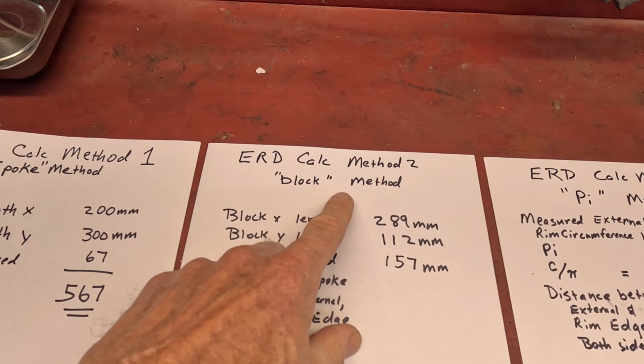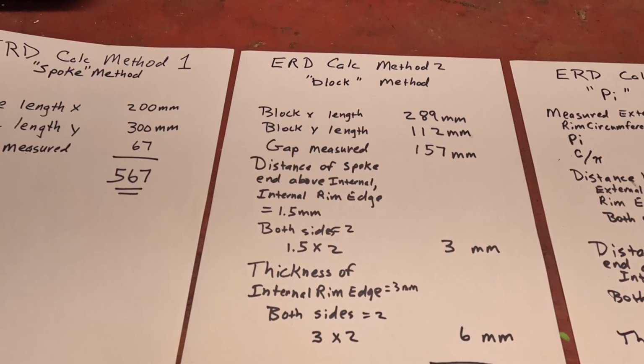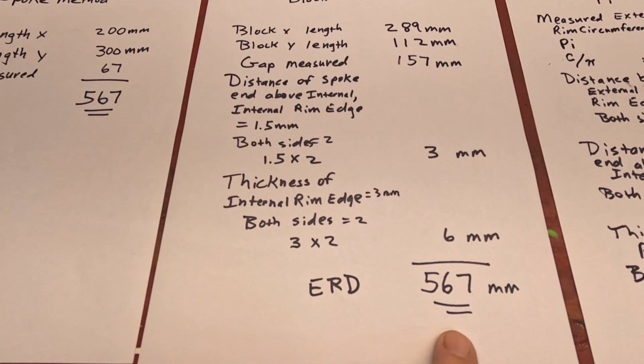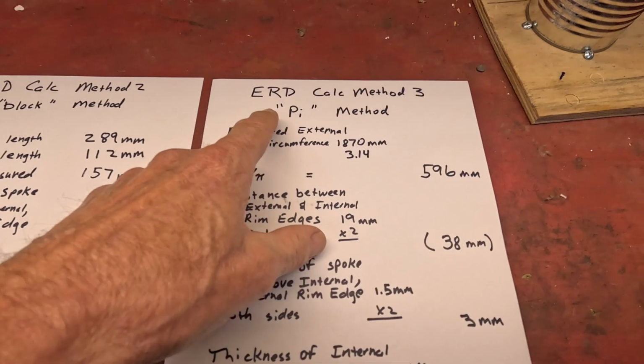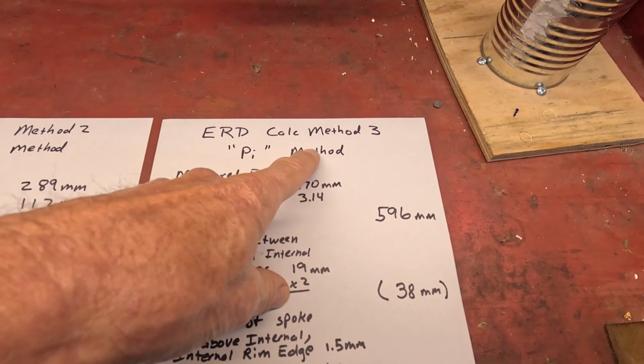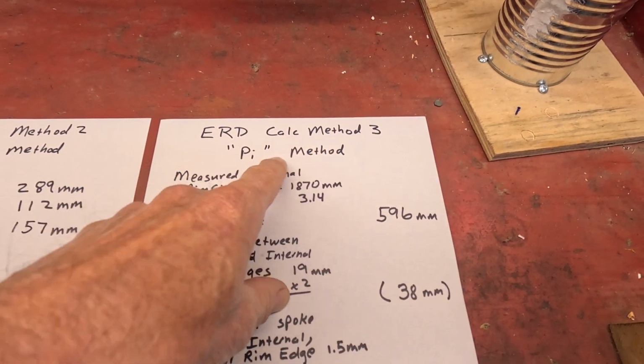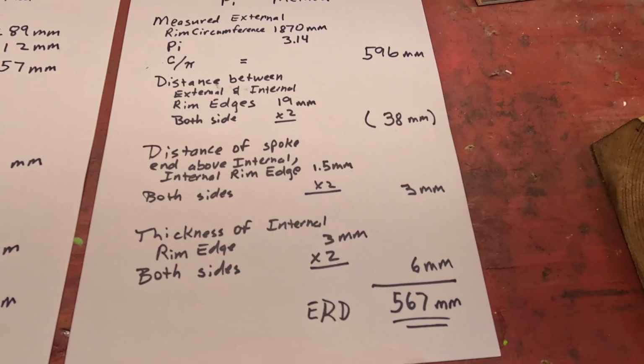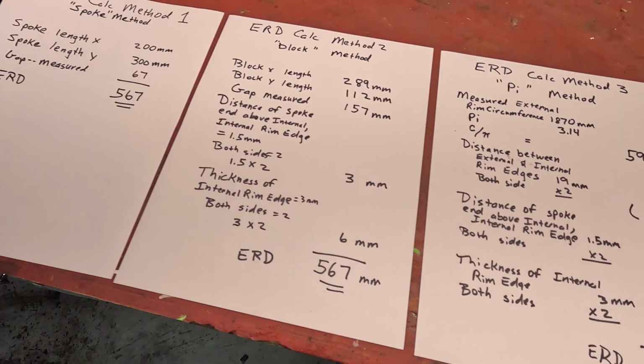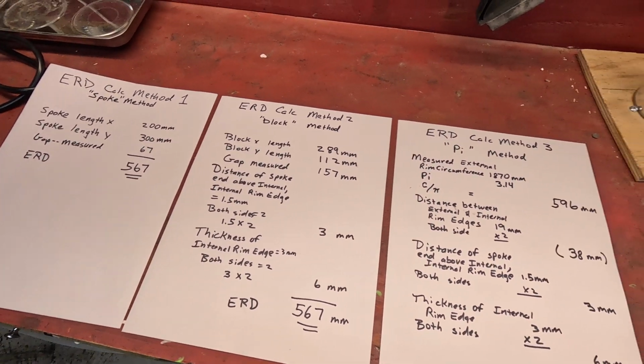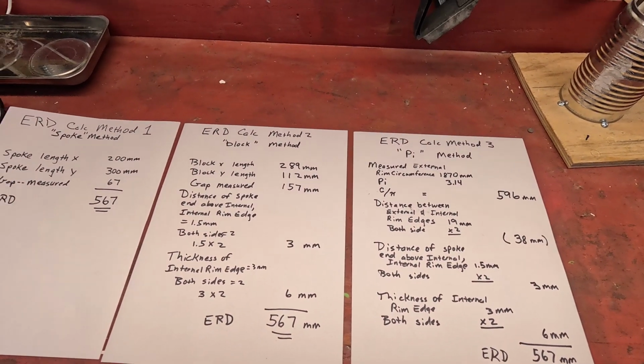Under method number 2, the block method, I estimated an ERD of 567. And under method 3, the pi method, I estimated 567. So in this case, I've got the same measurement on all 3.